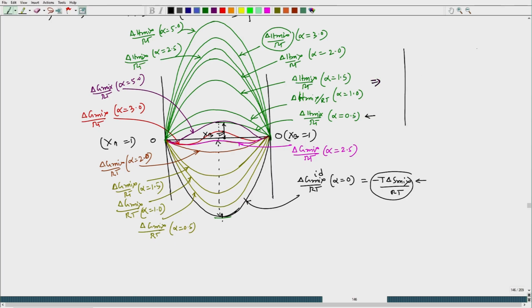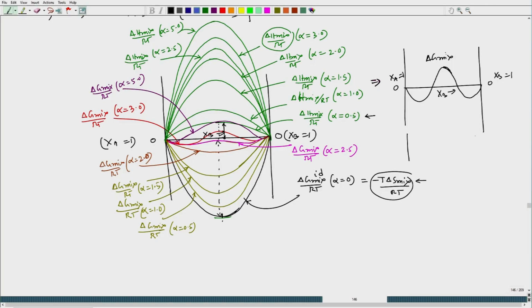If I try to plot only the delta Gmix plot, with pure metal sides xB equal to 1 and xA equal to 1, the plot looks like this. This is the delta Gmix plot with xB. So, it is taking such a typical shape. At least that part we have understood, and that can arise when delta Hmix is a very high value.